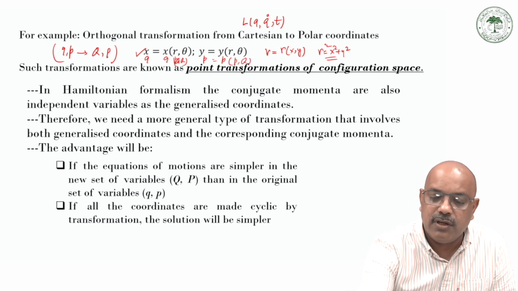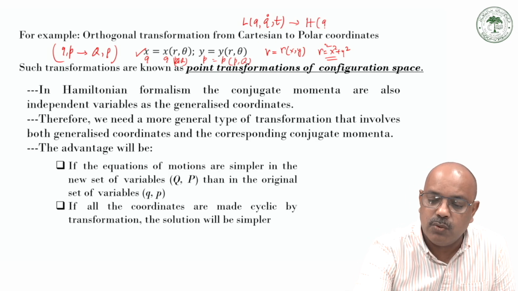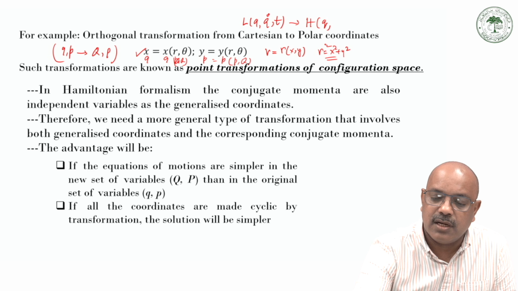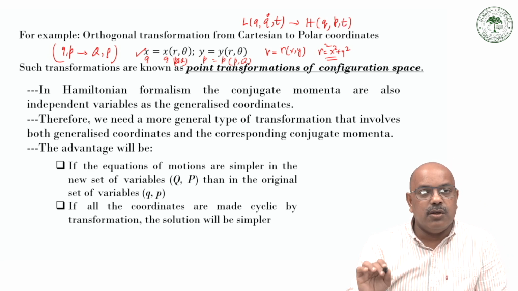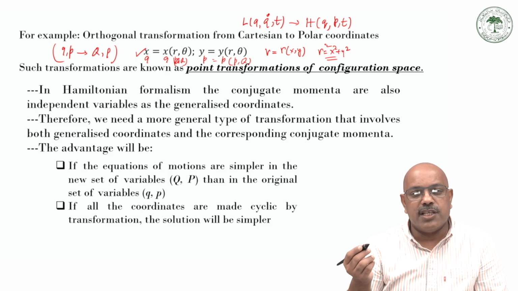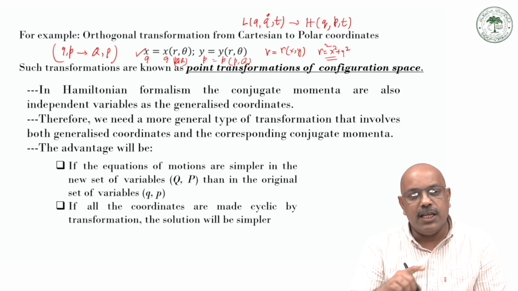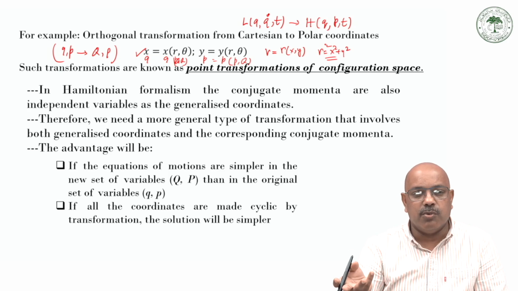In the Hamiltonian, the generalized velocity transforms into the momenta. So q and p in the Hamiltonian are basically independent variables. Therefore we need a more general type of transformation that involves both generalized coordinates and the corresponding conjugate momenta.